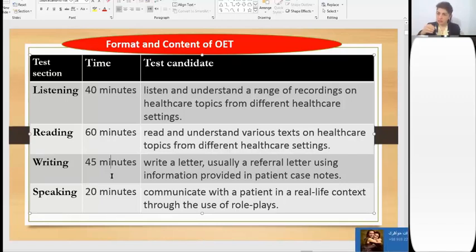I know that most probably most of you have referral letters or transfer letters or discharge letters, or some information even for patients or their family. You may write in Turkish language, don't you?